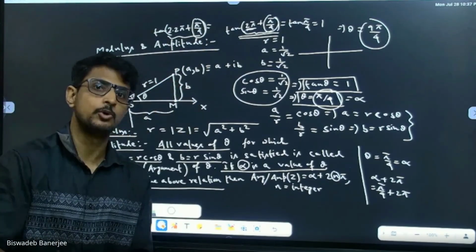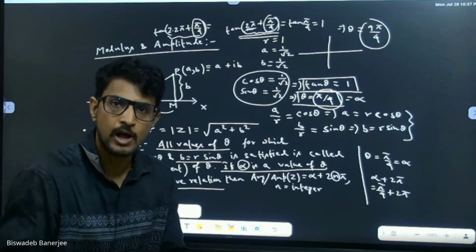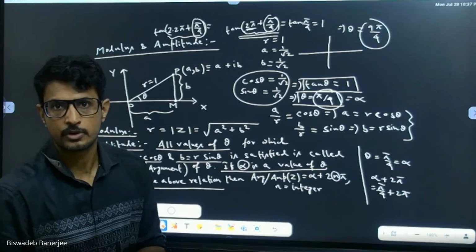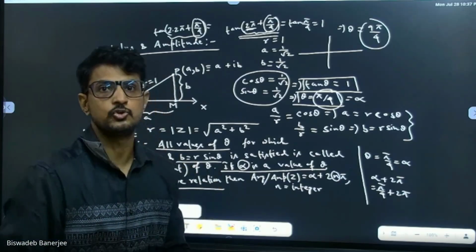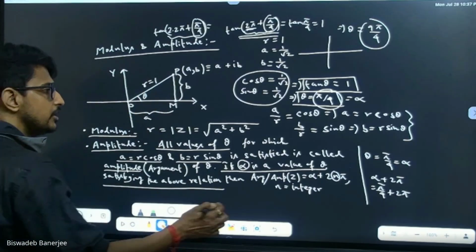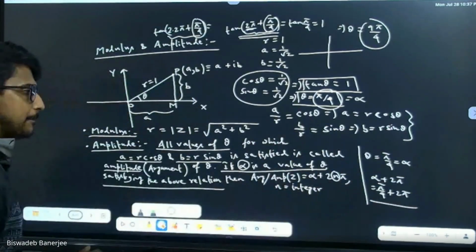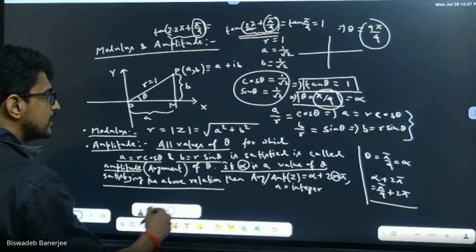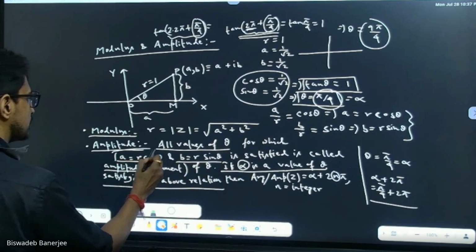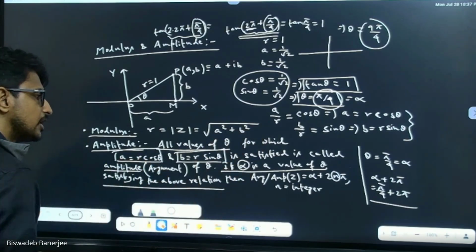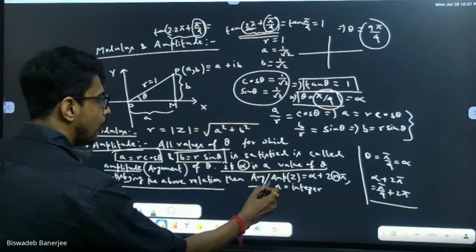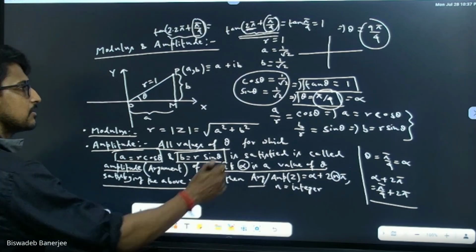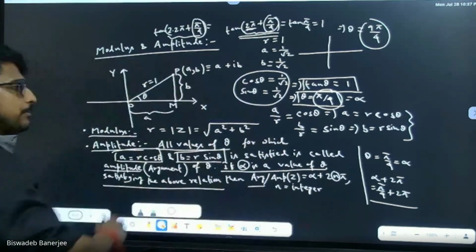Okay? I'm giving you in-depth concept of amplitude that no one will explain you. We shall learn amplitude. So all the values are my amplitude. That is why it is written that if alpha is a value of theta satisfying the above relation, then argument or amplitude of z can be written as alpha plus 2n pi.